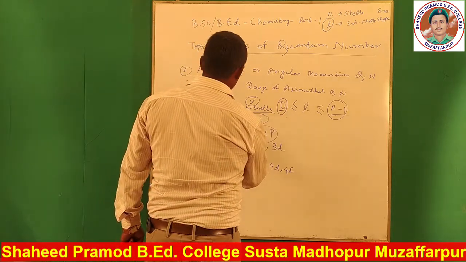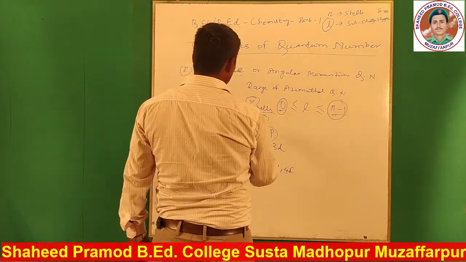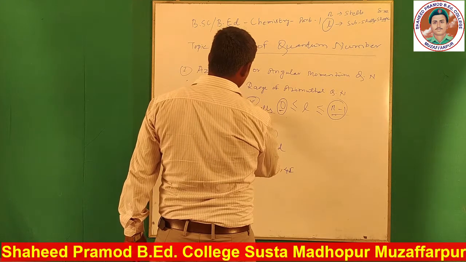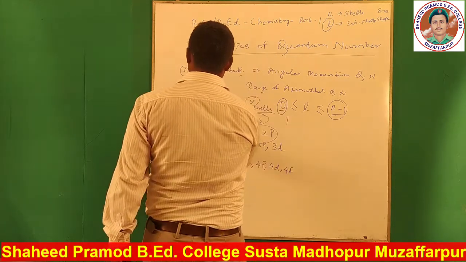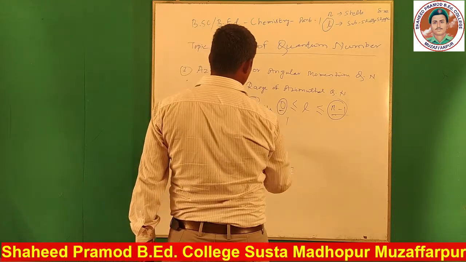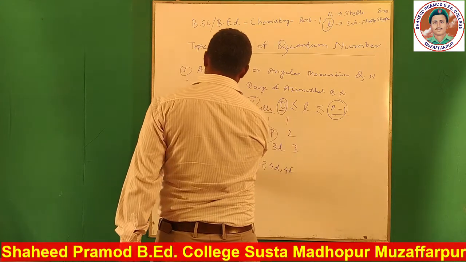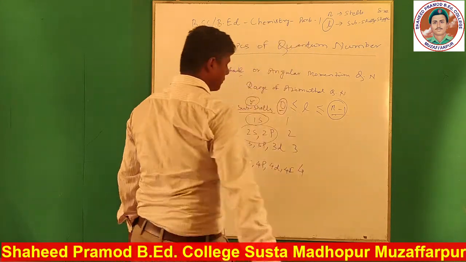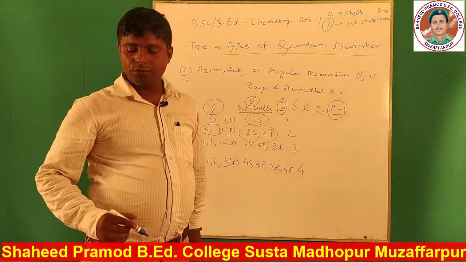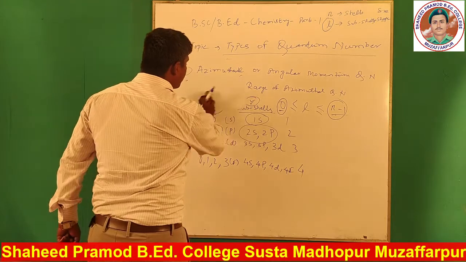For n equal to 1, how many subcells will be there? This will be 1. For n equal to 2, 2. For n equal to 3, there will be 3, and for n equal to 4, the number of subcells will be 4. So, from this you can write down a formula.